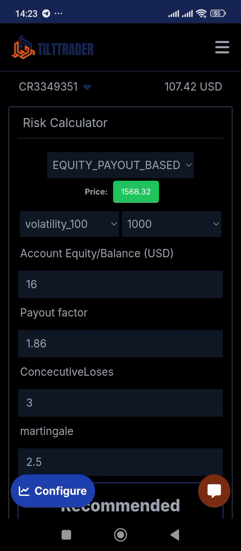That's still a 50% win rate, but you'll actually lose the money, because with those 10 consecutive losses with your martingale, I don't think you'll survive.